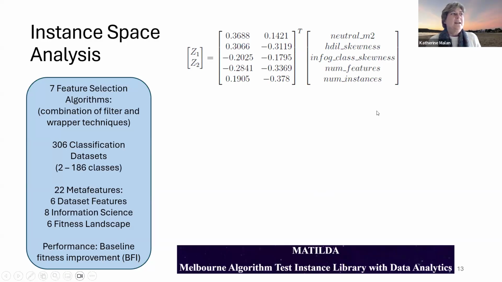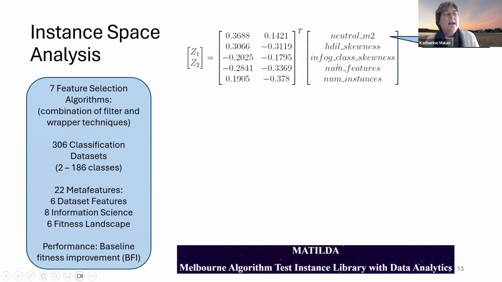And what's interesting here is which ones come out as the most significant. And these can be seen as the most important features for meta-learning. So in our case, it was the size of the largest neutral plateau. It was a neutral metric number 2. So that's basically if you have big plateaus or not, was an indicator that distinguished well between the performance of the algorithms. Then there were 2 landscape metrics.